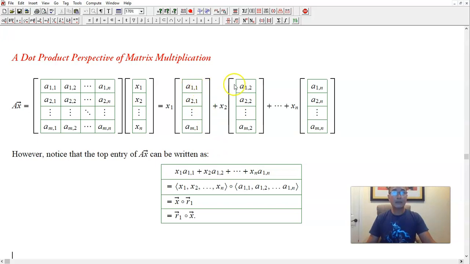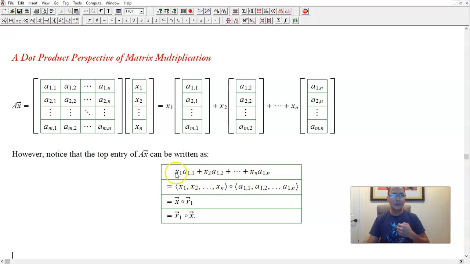But take a look at what we're going to get in the top row. You have a11 multiplied by x1, a12 multiplied by x2, and so on, up to a1n multiplied by xn. But they're pairs of numbers multiplied together and then added all up. Isn't that just a dot product?